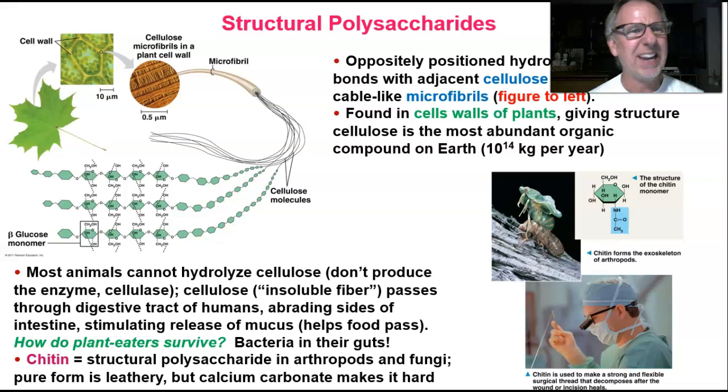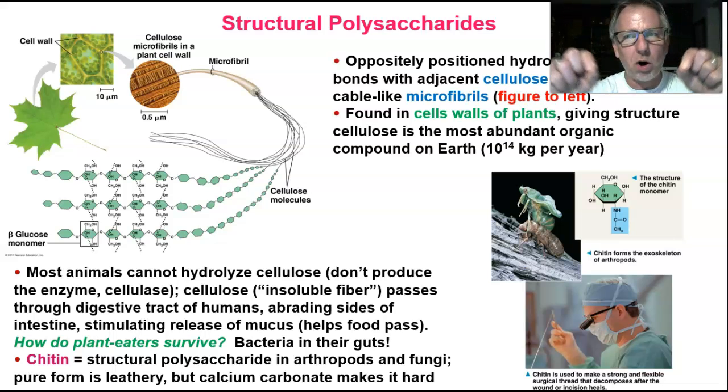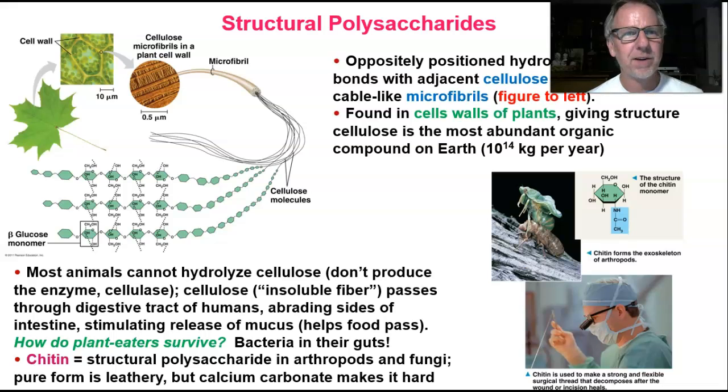If you look at that figure I put in the upper left, you can really see all these things. There's a plant leaf. That plant leaf, that maple leaf, is made of thousands and thousands of microscopic cells. Each one of the cells has a cell wall. Check that out in the figure. If you blew up and magnified what's in the cell wall, you would see that it's packed with these microfibrils, these little rope-like structures.